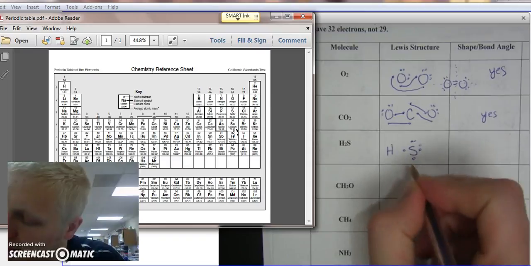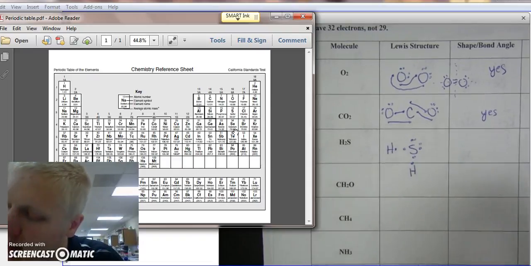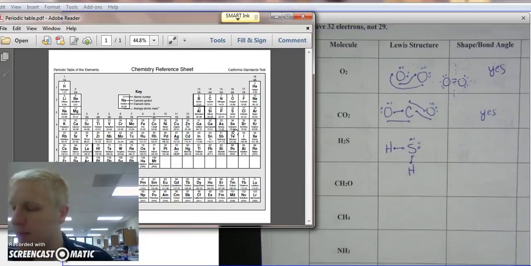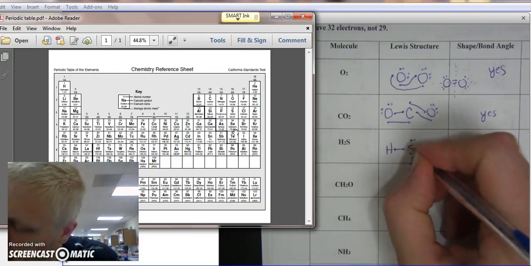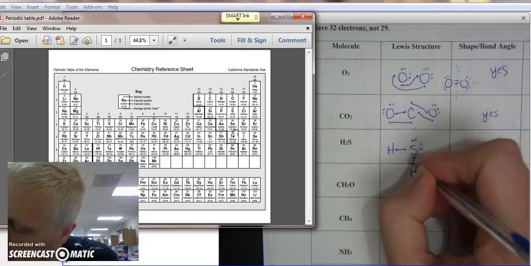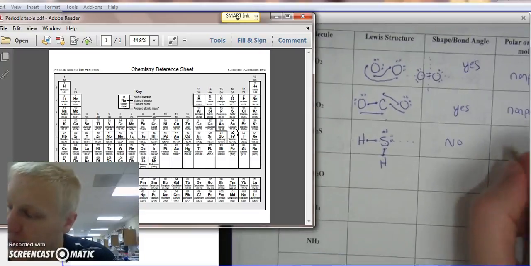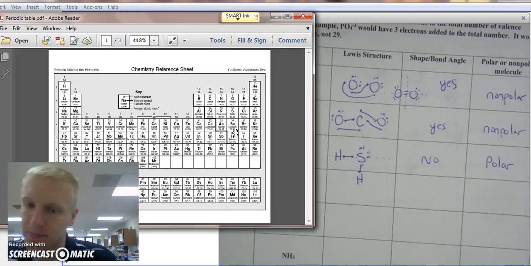And then we're going to add the hydrogens to the bonding sites. 1 hydrogen because it's in column 1. And they bond like that. So now, if we cut this guy in half both ways, is it symmetrical? The answer would be no, it is not. So therefore, it is polar.